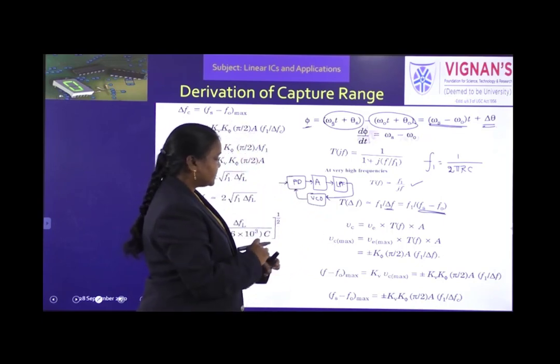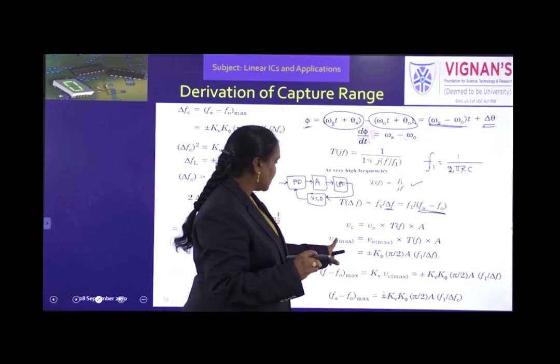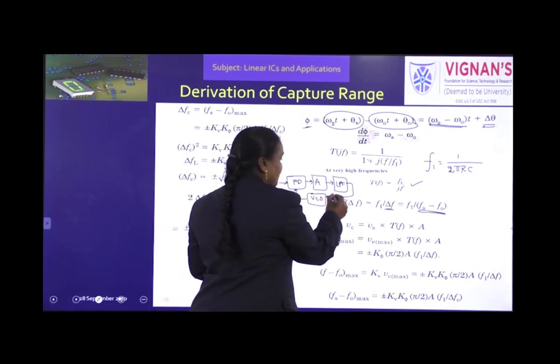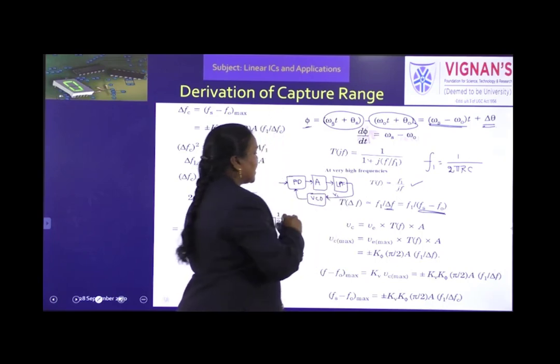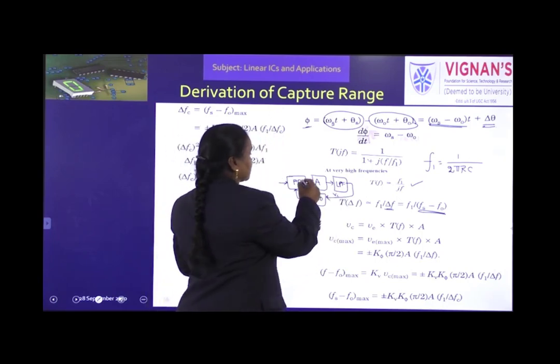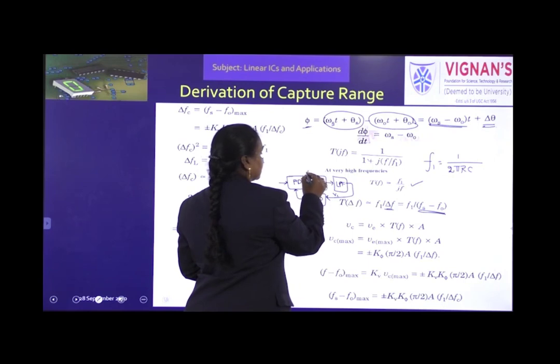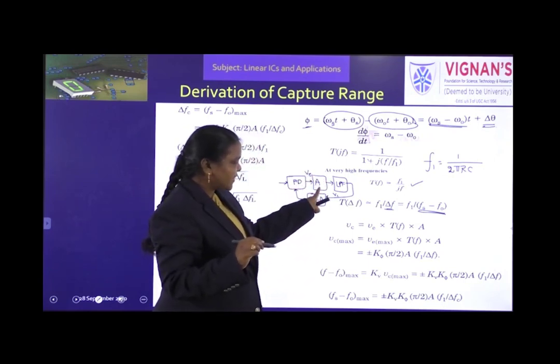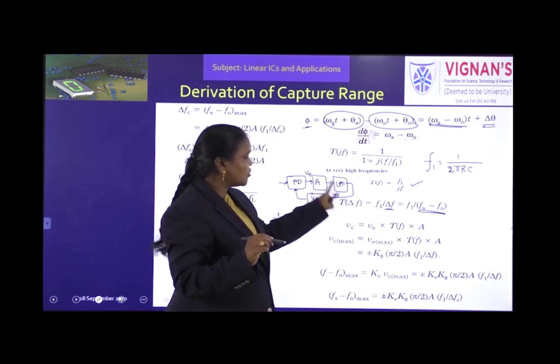So now what is VC? VC means whatever we are getting here. Okay, VE means this. So it is multiplied by the amplifier gain and the transfer function of the low pass filter.